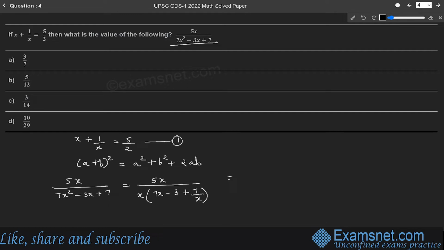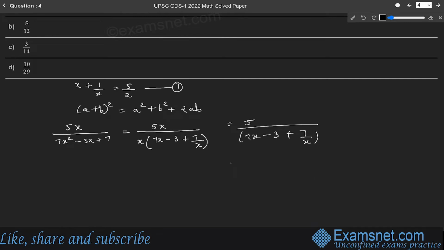So it will be 5 upon 7x minus 3 plus 7 by x. This x and x will be cancelled here. On further solving, it can be written as 5 upon 7 into (x plus 1 by x) minus 3.